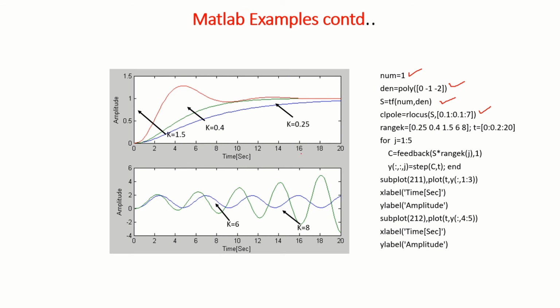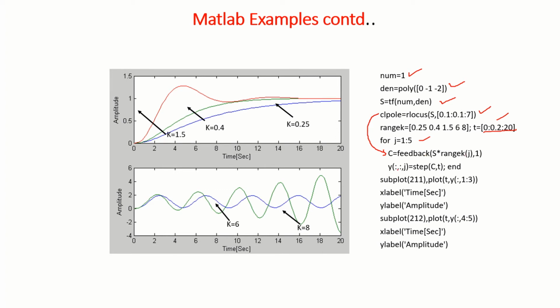These are the different values of k. And t I have given 0 to 20 in steps of 0.2. So there are 5 values of k. I have written a loop for j from 1 to 5. So I have taken this CL pole, correct? Because I am asking for a response. That is the reason.